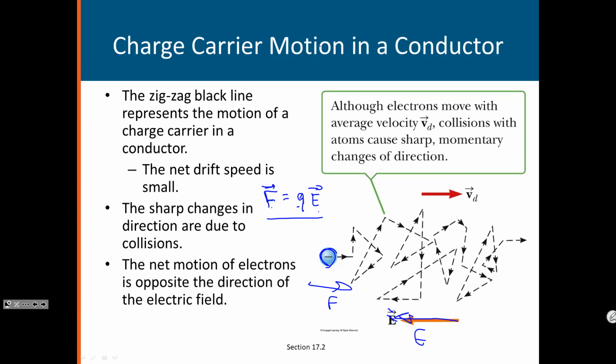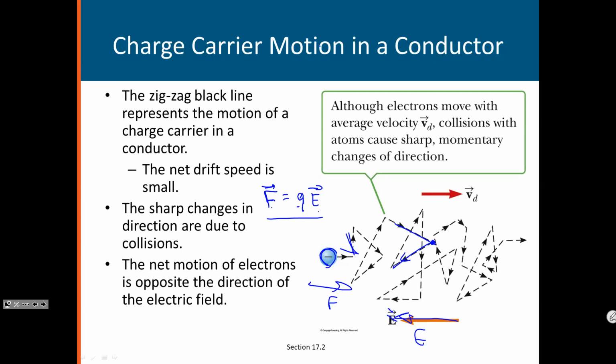But as it moves, it is going to hit other electrons and the atomic lattices. It will be hit and it will be redirected. It will bounce back, maybe even in the opposite direction or perpendicular and so on. So maybe there is one electron coming like that, it will hit another electron, it can be reflected back. However, since there is an electric force trying to make it go in the right direction, there will be a net motion of this electron in the direction of that electric force.